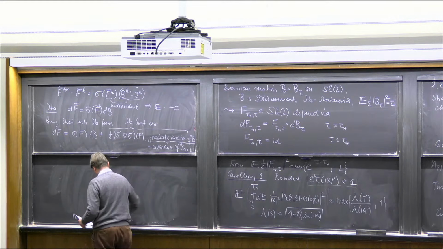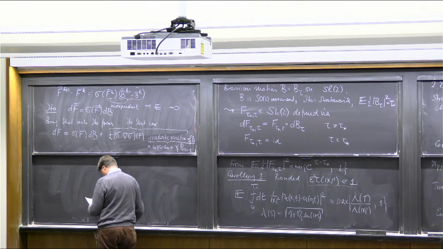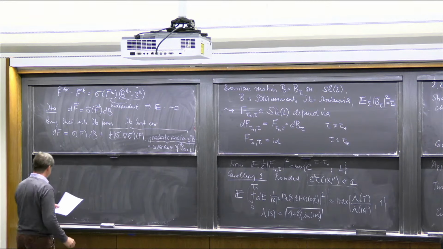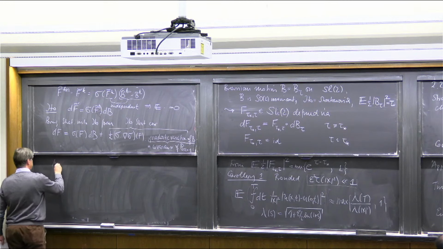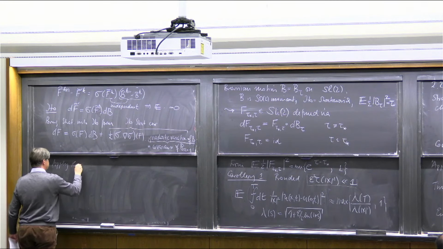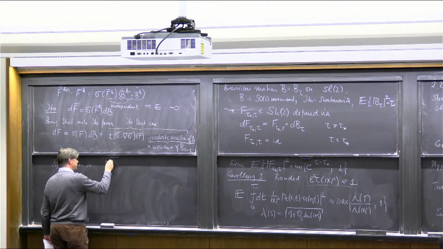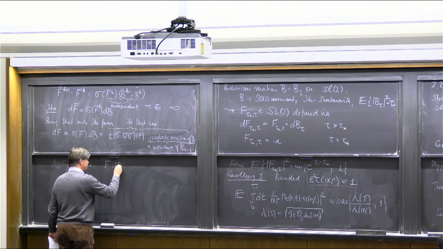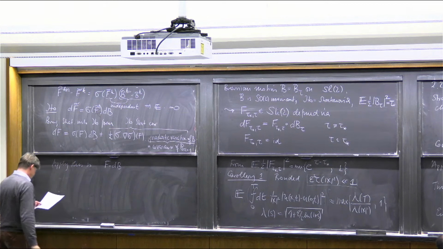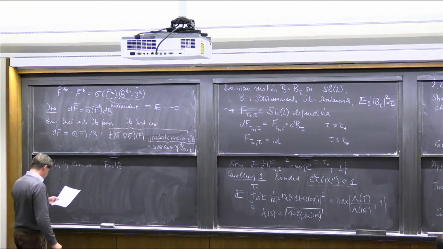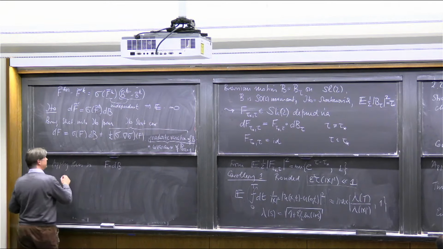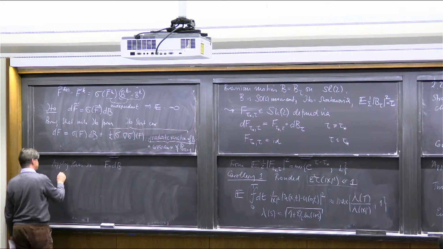And there is another thing one may learn from this. If we apply this to our sigma being the identity, so at f dB, either in Ito or Stratonovich, we get that this correction term vanishes.